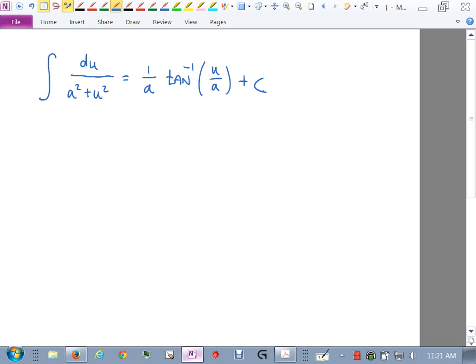Y'all see that? Every problem we've pretty much done up to this point, the a here has been a 1, right? But in this particular problem, it is not a 1. So we need to figure out what that a is and then make sure we apply it to our formula. Notice that if it is a 1, this is just arctan of u, and we're done.